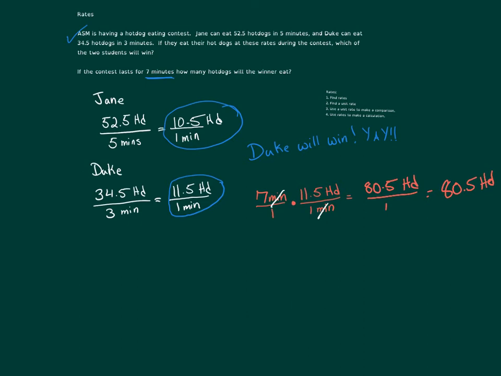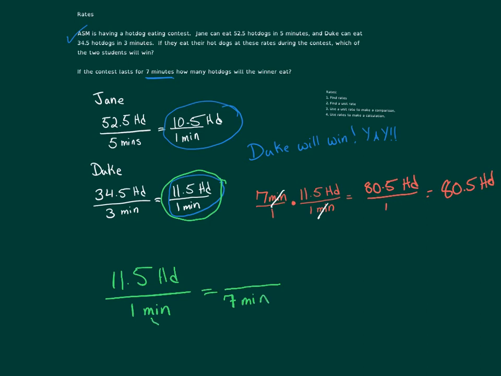Now, if that way doesn't make you feel comfortable, there is another way you can do it, which is to set up a proportion. So we can say that we know that Duke can eat 11.5 hot dogs in 1 minute. And I want to know what is the equal rate, the proportional rate for 7 minutes.